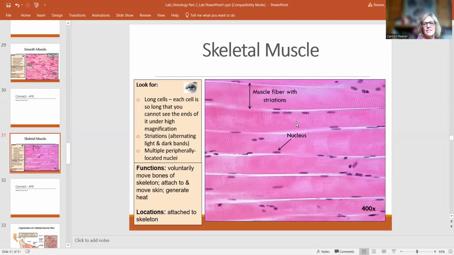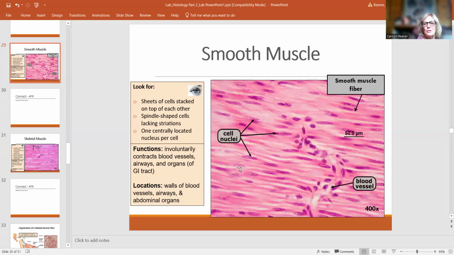So they're kind of like units of contractibility, whereas the smooth muscles still go through a lot of contractions, but they're a bit more passive, I guess you could say. I don't know how else to say it.